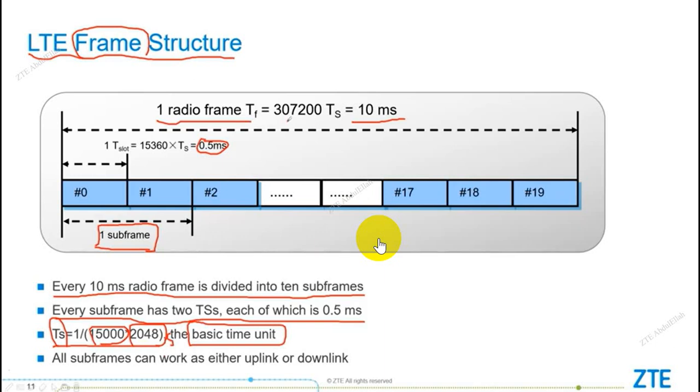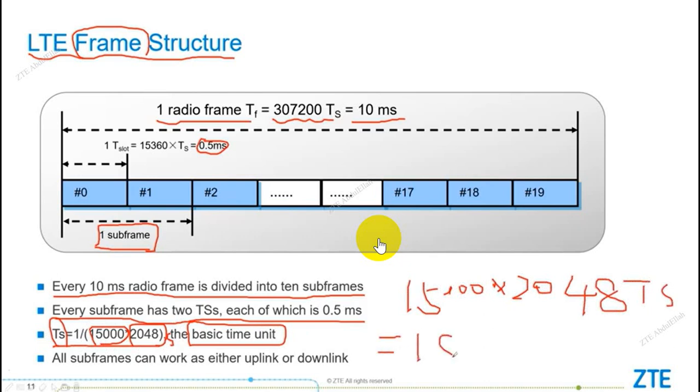If we know this, we can understand why one radio frame can represent 10 milliseconds and can also represent 307200 TS. Because 1 TS is this many seconds, 15,000 multiplied by 2048 TS means 1 second.